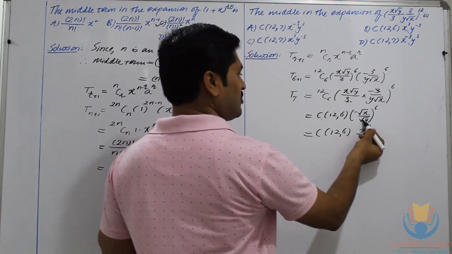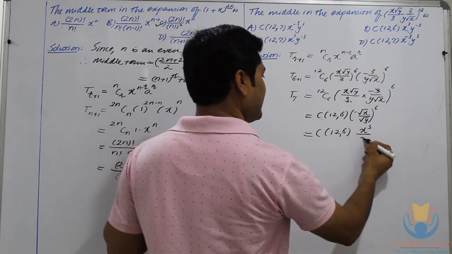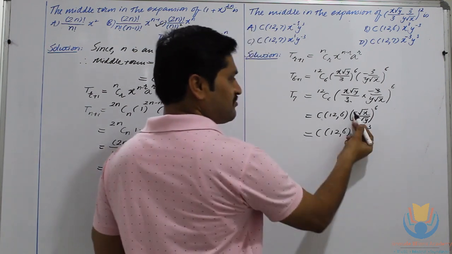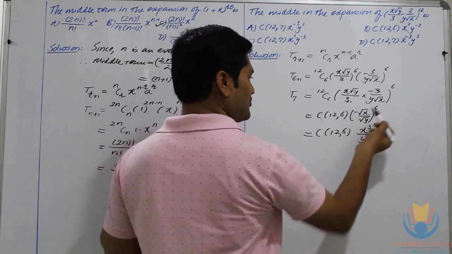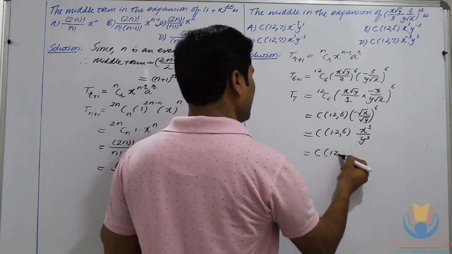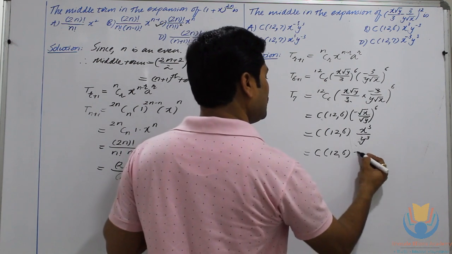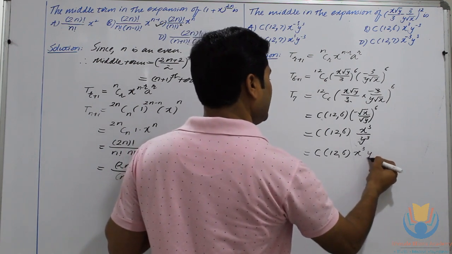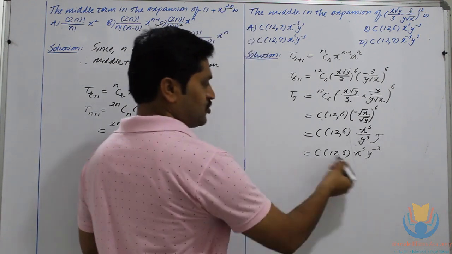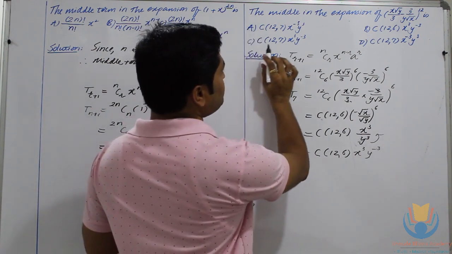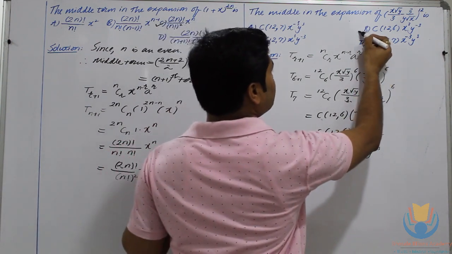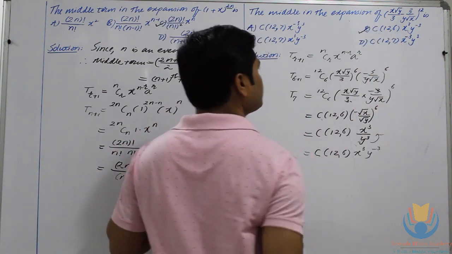Similarly, root of y raised to 6 is again y cube, and this minus 1 raised to 6 is positive 1. The same can be written as this combination C(12,6) into x cube into, we can get this term in the numerator as y raised to minus 3. So you can see in the option this x raised to 3 is positive. So this is going to be the correct option.